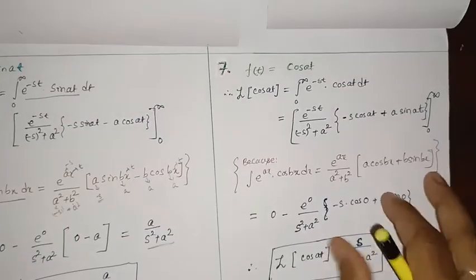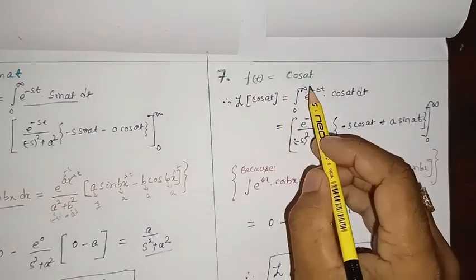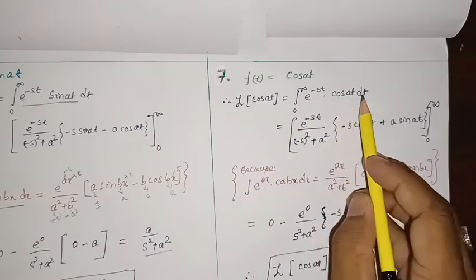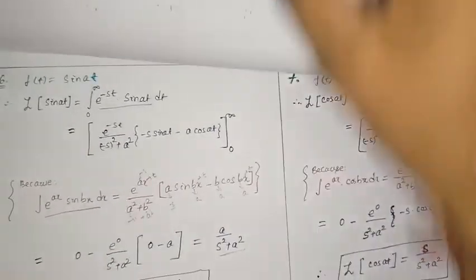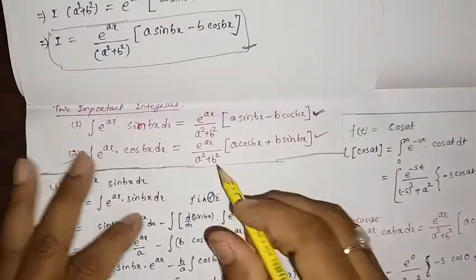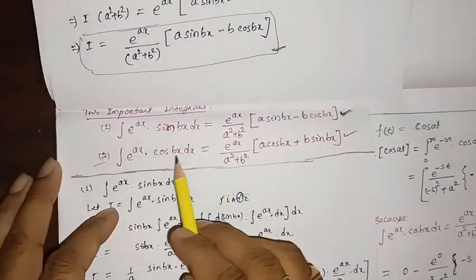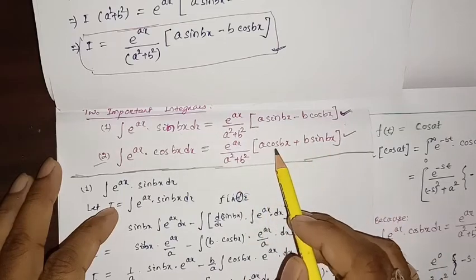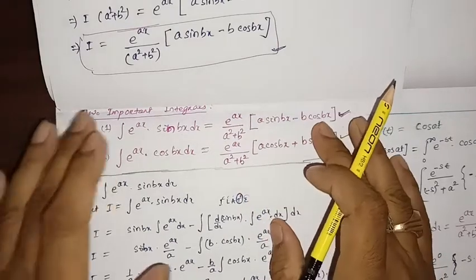Okay. Next function is your cos at. Similarly we have to do cos at, meaning e to the minus st cos at dt, and we have to follow another integral, this one: e to the x cos bx, e to the ax by a square plus b square, and this much plus a cos bx plus b sin bx.